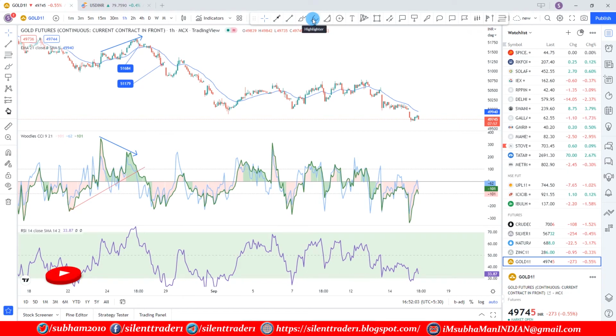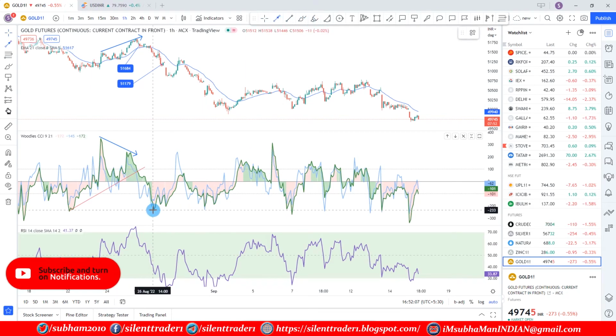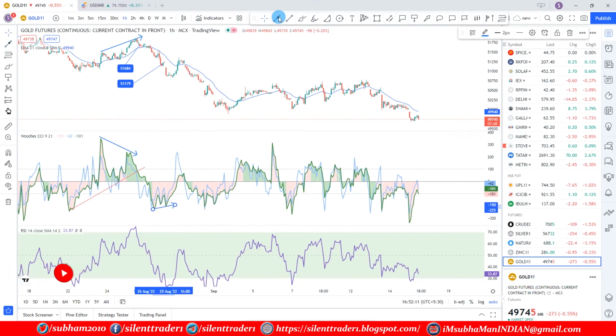Now CCI is positive and the price is in a negative trend direction. The middle hook is under the zero line. The CCI line crossed over the red line that I drew.